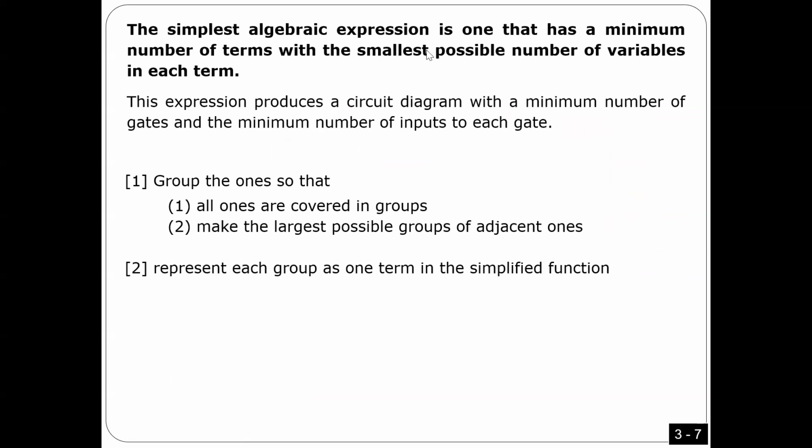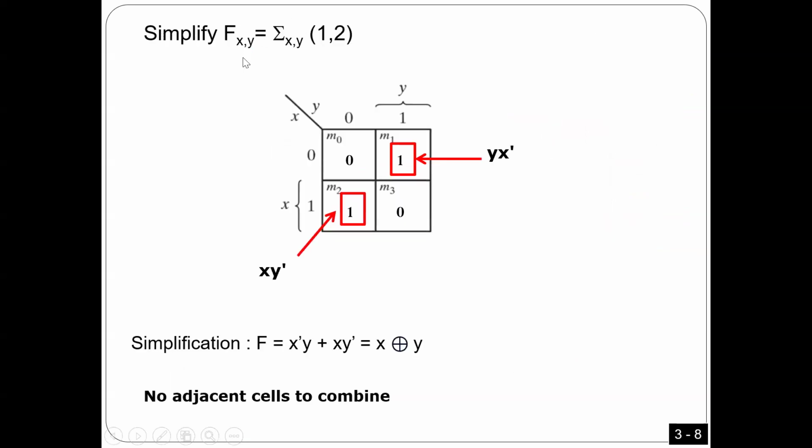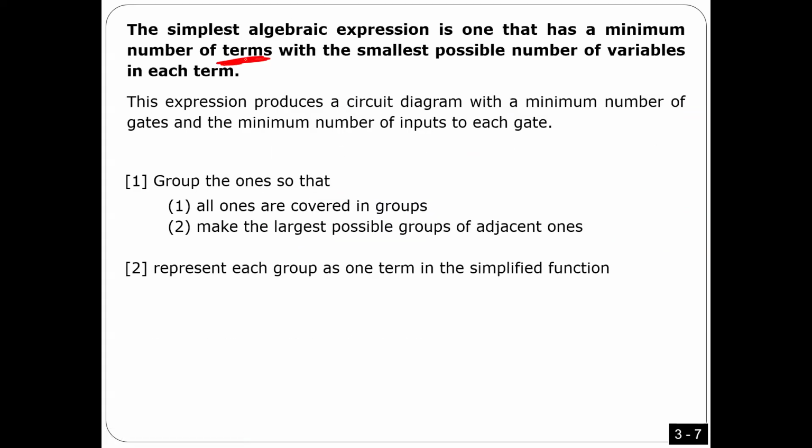Remember last time I explained what I mean by the most simplified. The most simplified means, number 1, you need to minimize the number of terms. Also, you need to minimize the number of variables in each term. If I have two functions, one with 2 terms and the other with 3 terms, which one is better? 2 terms is better than 3 terms.